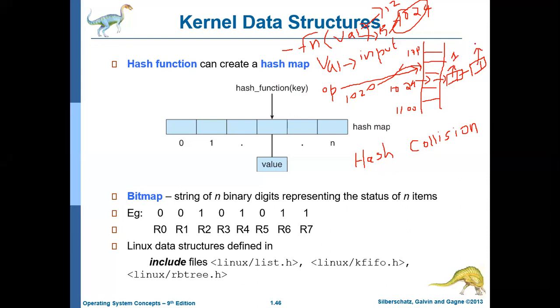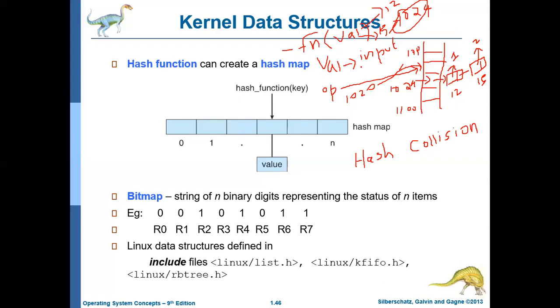The operating system may follow some mechanism: if the input is 12, it may execute this instruction, and if the input is 15, it may execute this instruction. This is one mechanism to overcome hash collision. But if the collisions are more, then obviously it will degrade the performance.